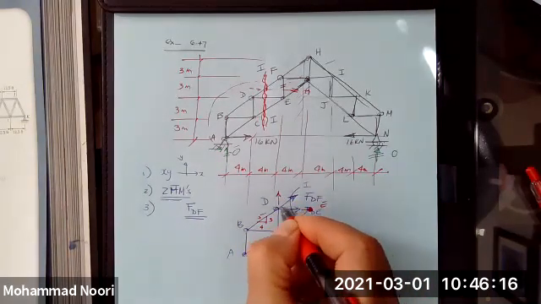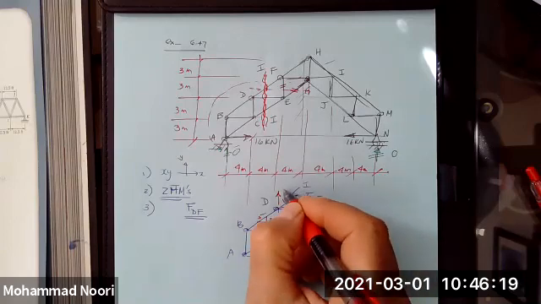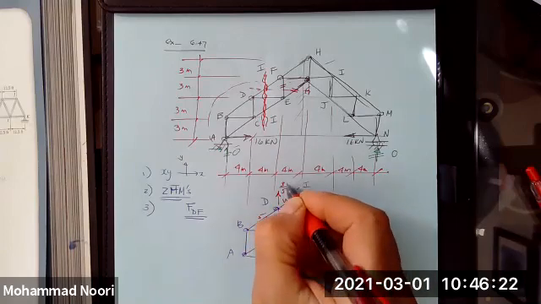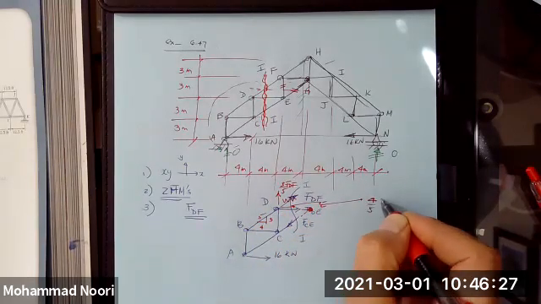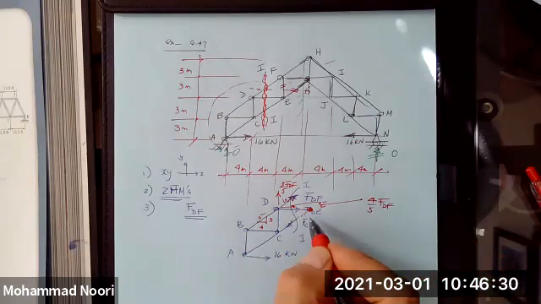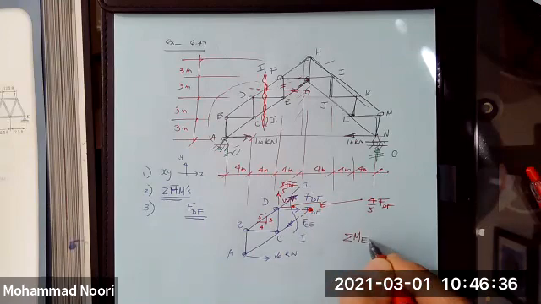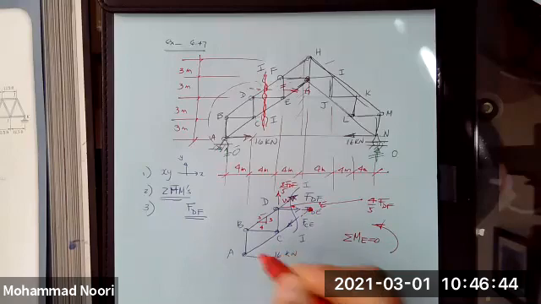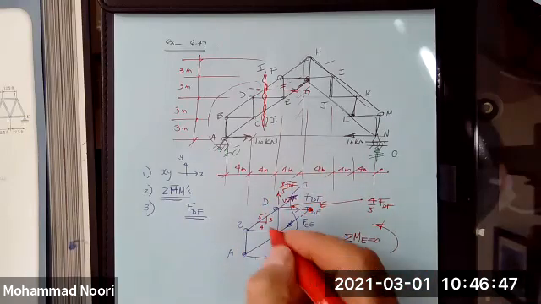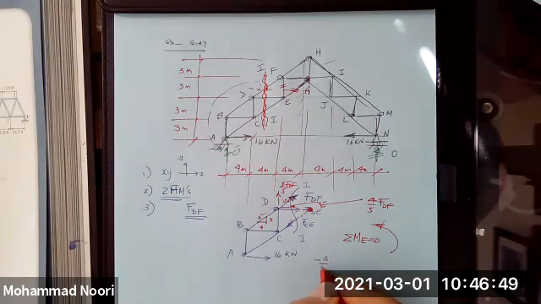And by the way, the slope here is 3, 4, 5. So if I resolve this into its components, which I need, this would be 3/5 of F_DF. This is 4/5 F_DF. So if I take summation of moments about point E is equal to 0, what happens? I have only this force and this force. So this would generate a negative moment, negative 3/5 of F_DF. This one generates a positive.